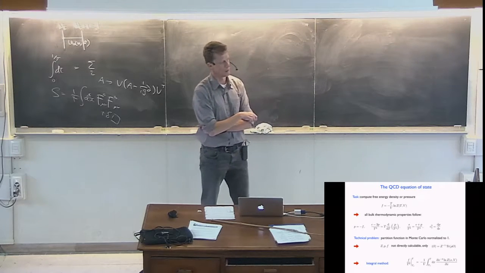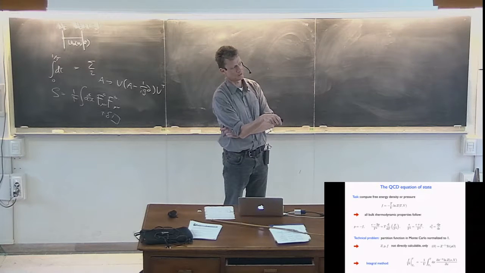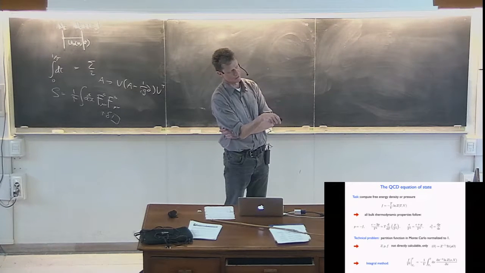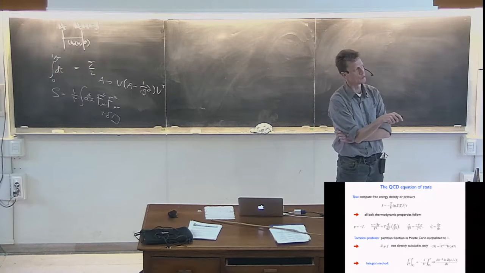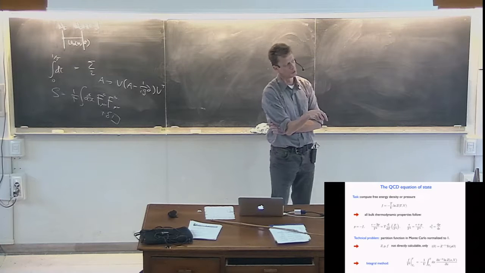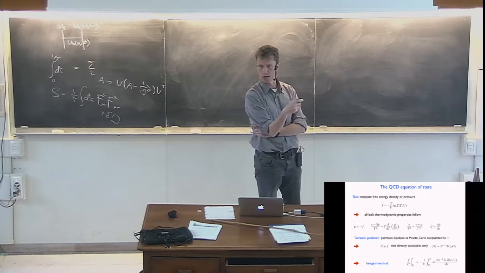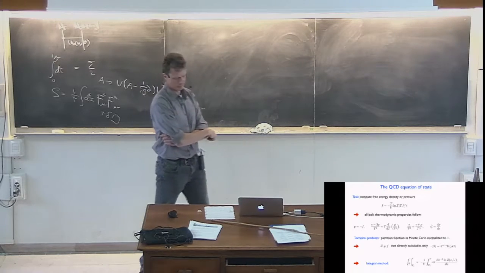It's called the integral method. So you take a derivative of log Z with respect to, for example, temperature. Then you have temperature to the -3 times log Z, and you take a derivative with respect to temperature. This is giving you an observable which you can compute, and after that you integrate it again over temperature. So you undo the derivative, and then you get the free energy.